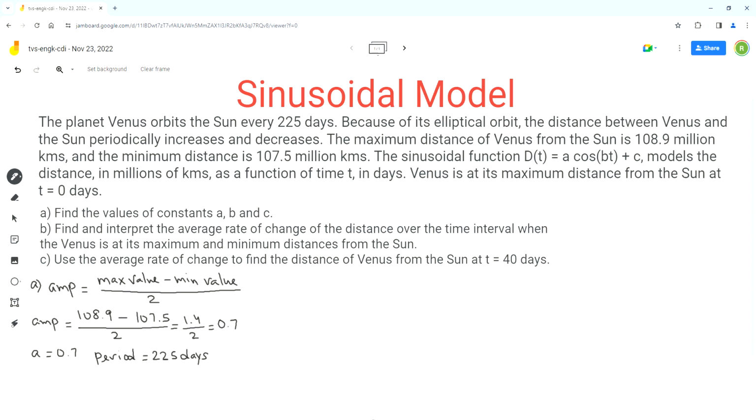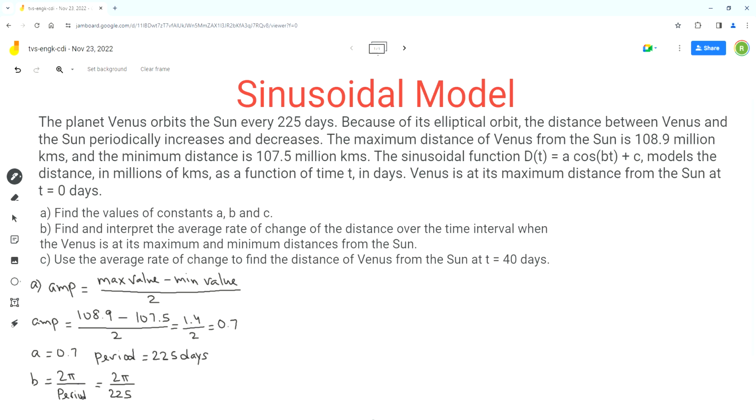The formula for B is B equals 2 pi over the period. So now we can substitute for the period, and this can be the exact value of B.